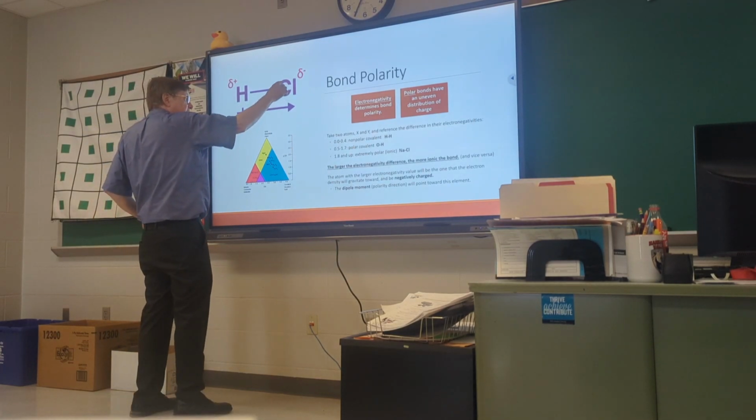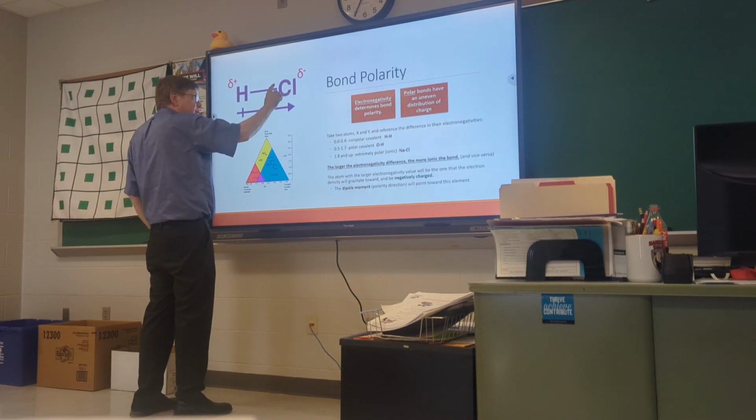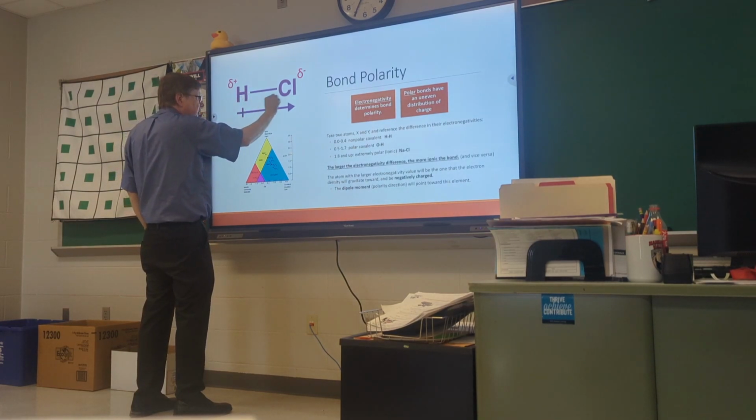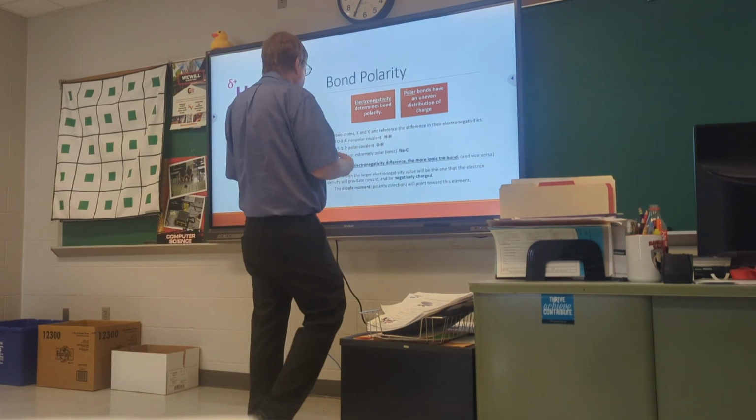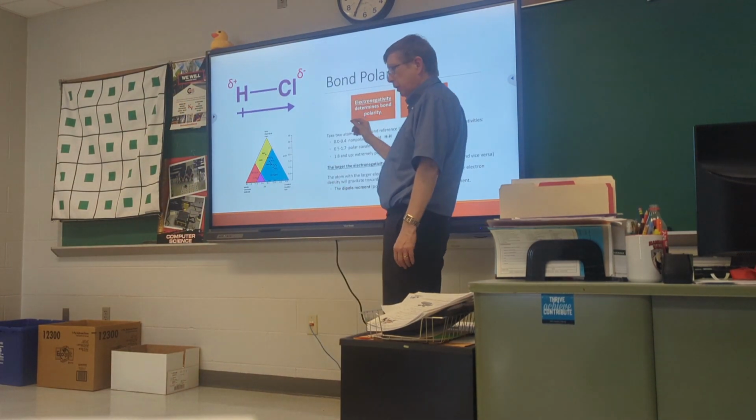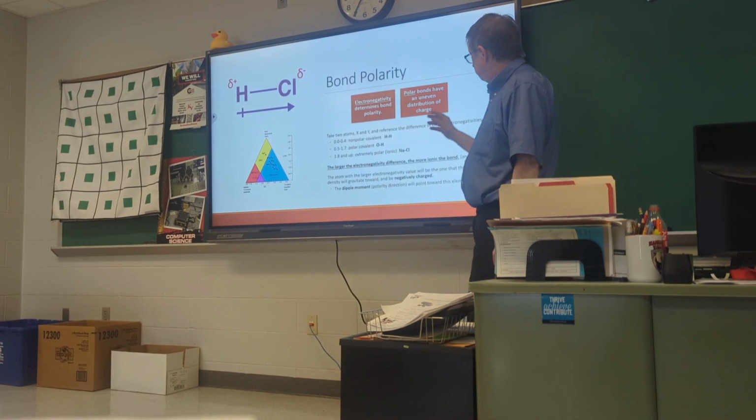It's because this nucleus has enough protons in it that it pulls the hydrogen electron towards it. And that's what causes this bond polarity.